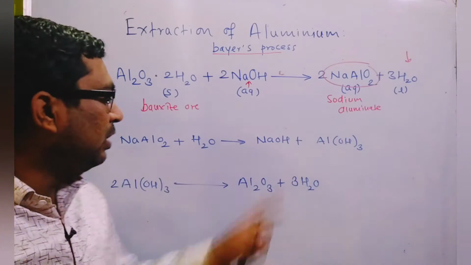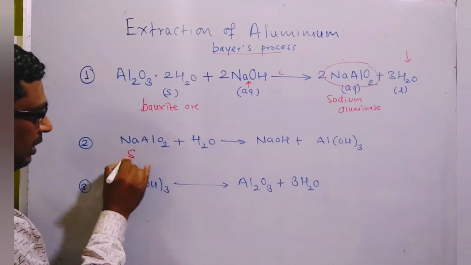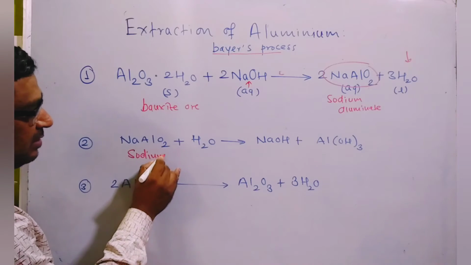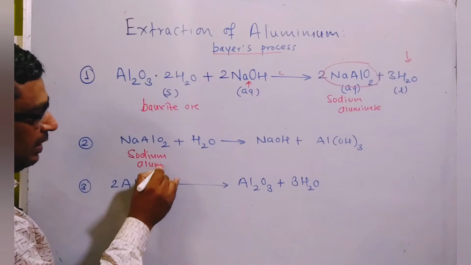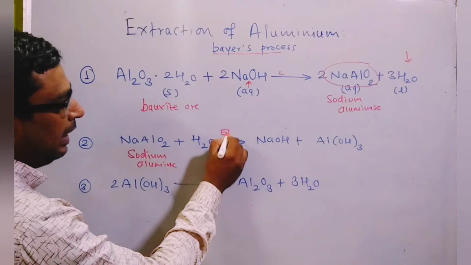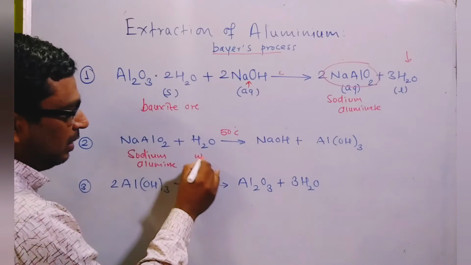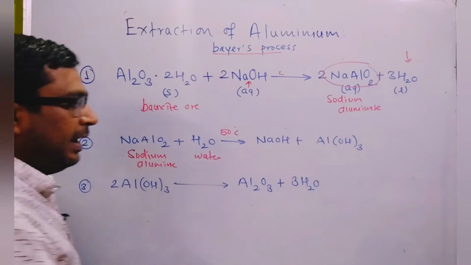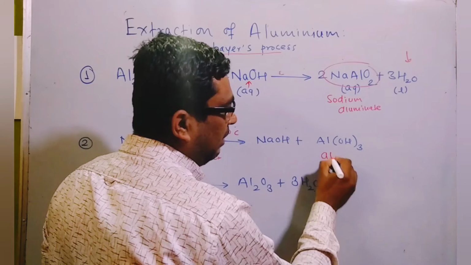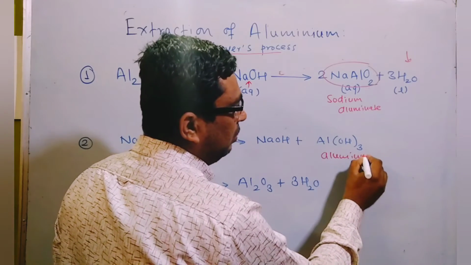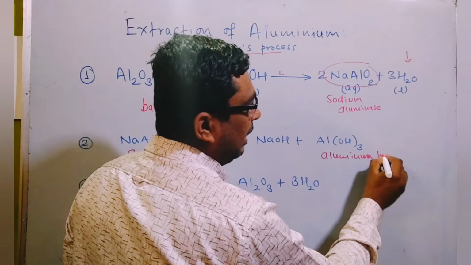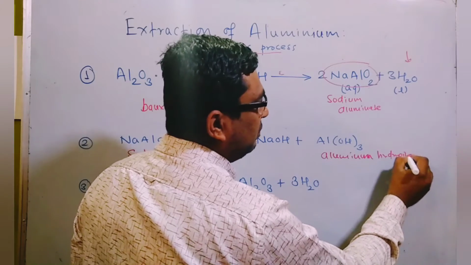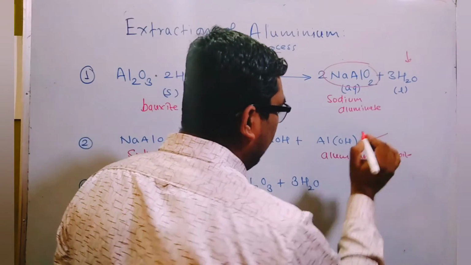Okay. Now this is the sodium aluminate. In the second stage, this sodium aluminate we cool at 50 degrees Celsius along with the water, and you get aluminium hydroxide. This is the output of the second stage, aluminium hydroxide.